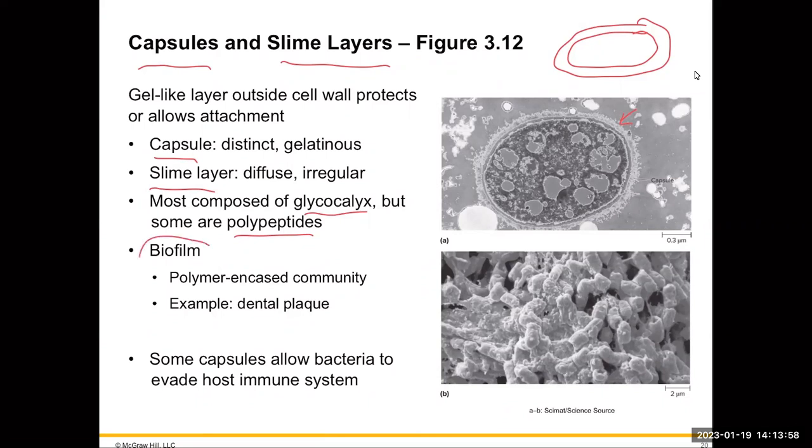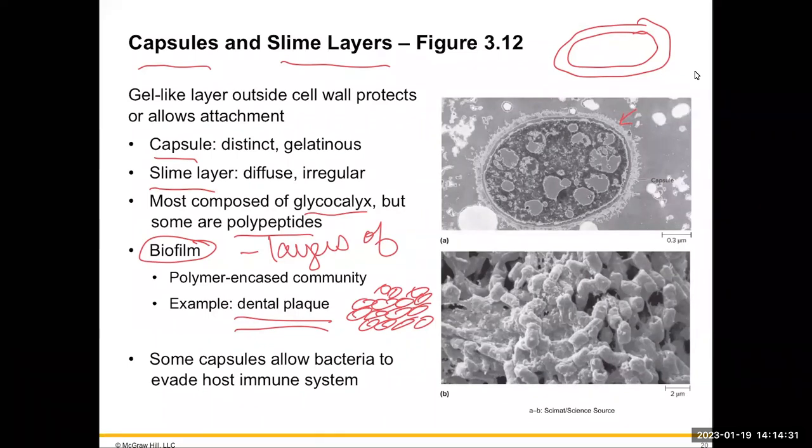Okay, now biofilms are layers of bacteria that have capsules or slime layers, and they just kind of stick together. So one good example of a biofilm is when you wake up in the morning and your teeth feel kind of filmy, that's bacteria and it's a biofilm. They're all stuck together. You could also see it sometimes in the dog water bowl or the cat water bowl.